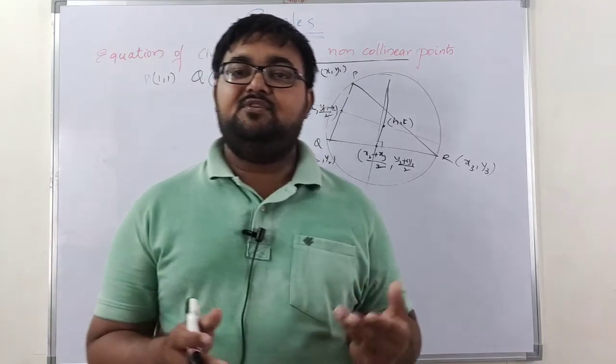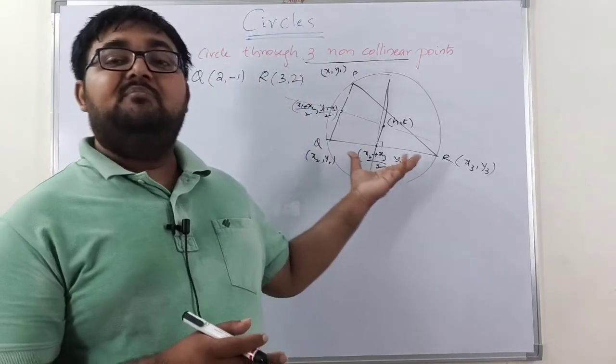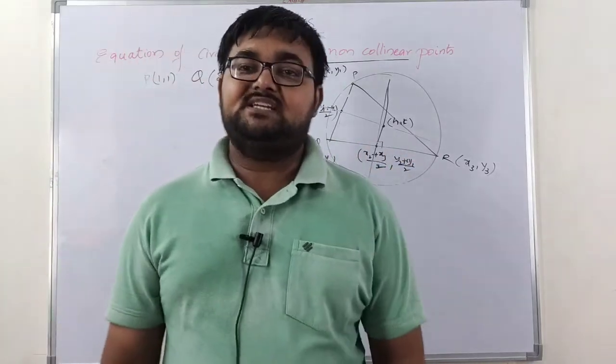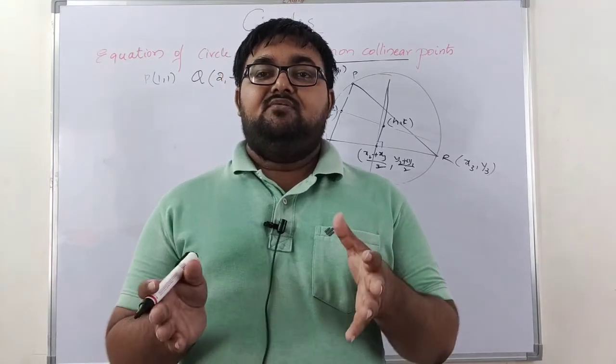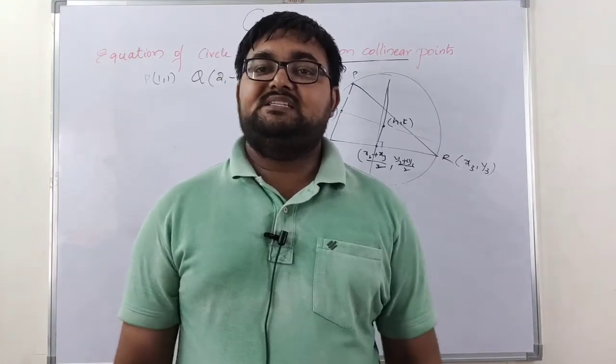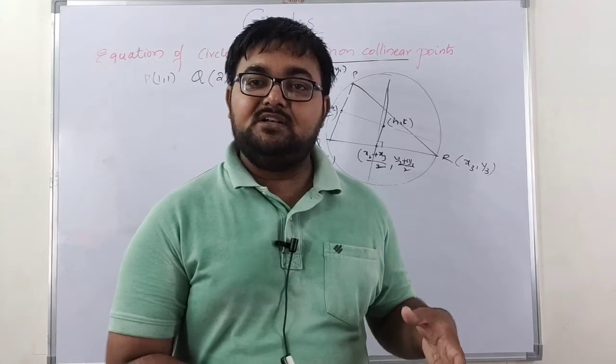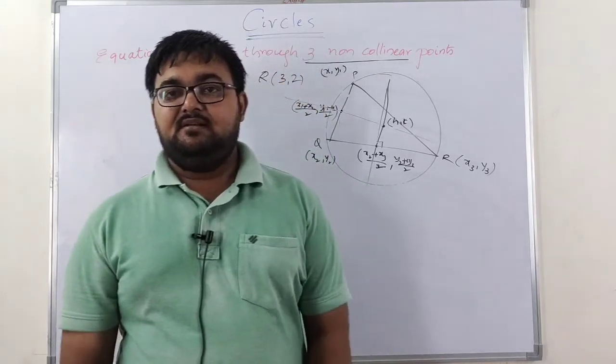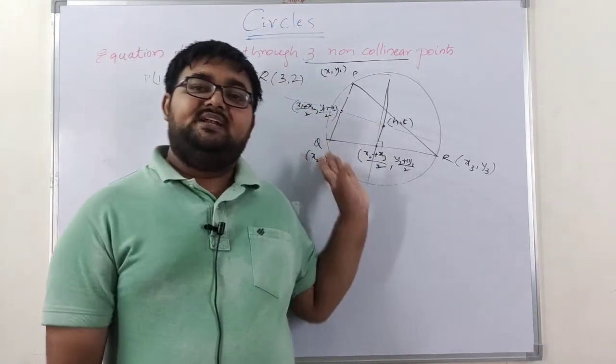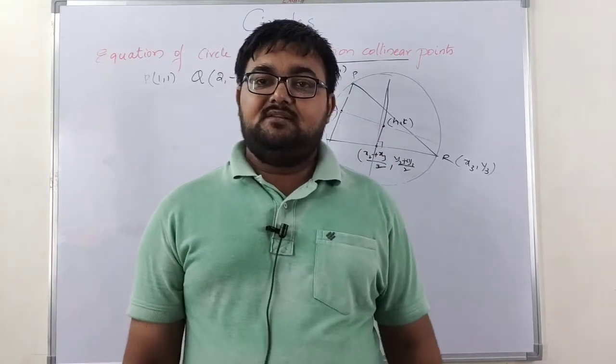Next, the fourth and final method is nothing but by making use of perpendicular bisectors. So when we have perpendicular bisectors, the point of intersection of perpendicular bisectors is nothing but the center of the circle. So when the center of the circle is known, we can directly get the radius of the circle, right.